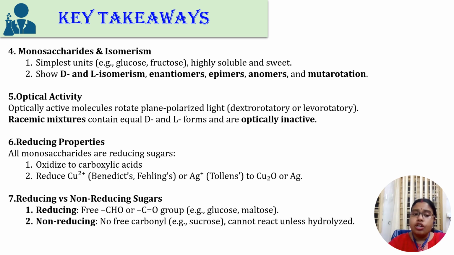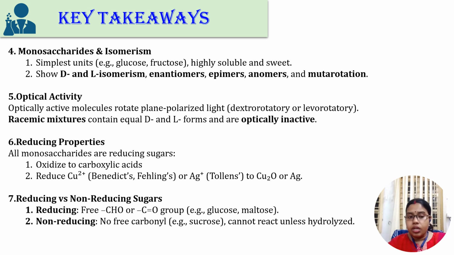Optical activity is also possible for monosaccharides, so small d and small l forms, that is the dextrorotatory and levorotatory structures, are also possible. A racemic mixture contains equal D and L forms and makes the mixture optically inactive, though the components, the D and L forms, are optically active.